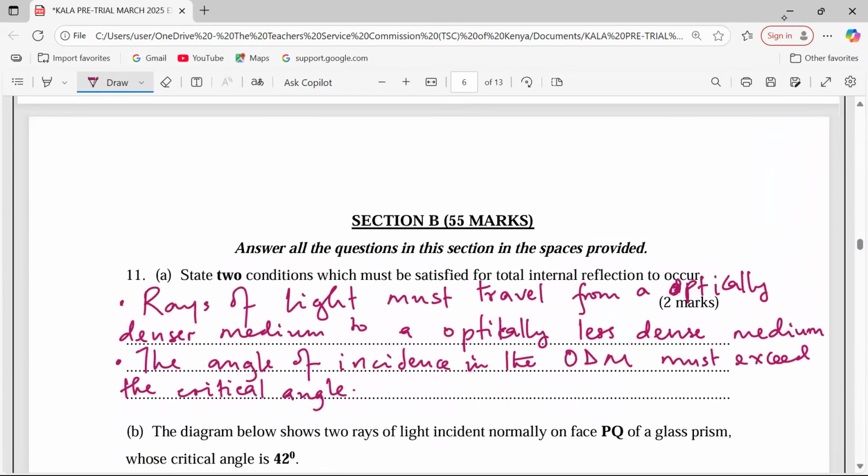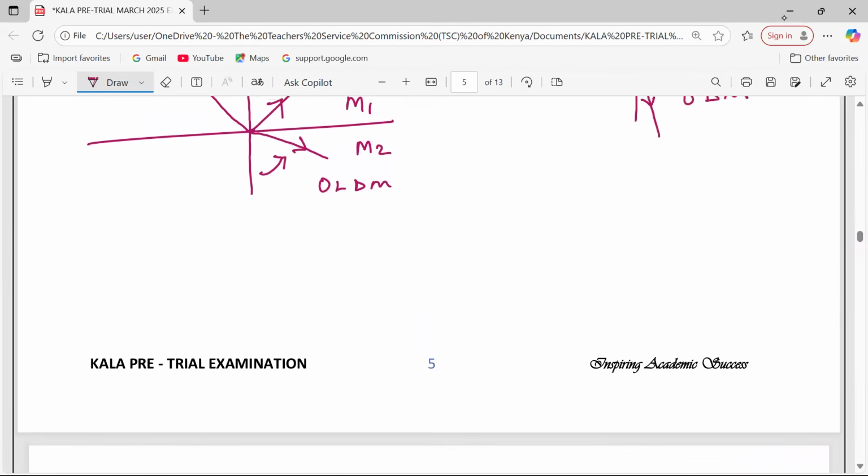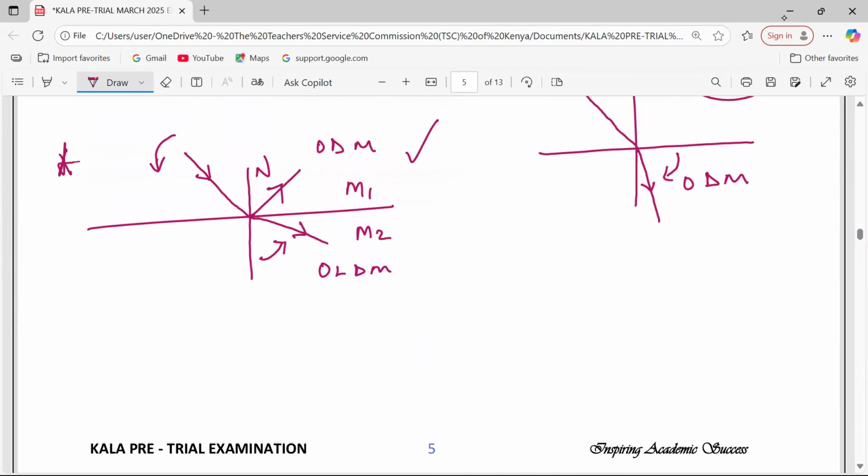Then about the critical angle, if this continues in the first case until the ray is through the interface that way, such that the angle of refraction has become 90, at that point the angle of incidence shall be called the critical angle.